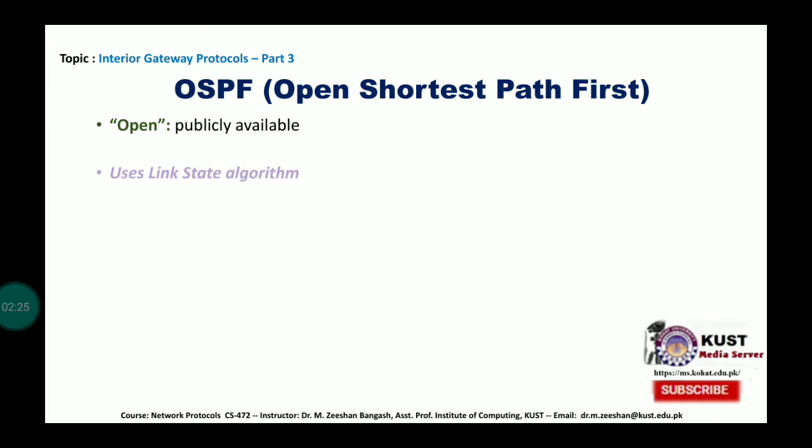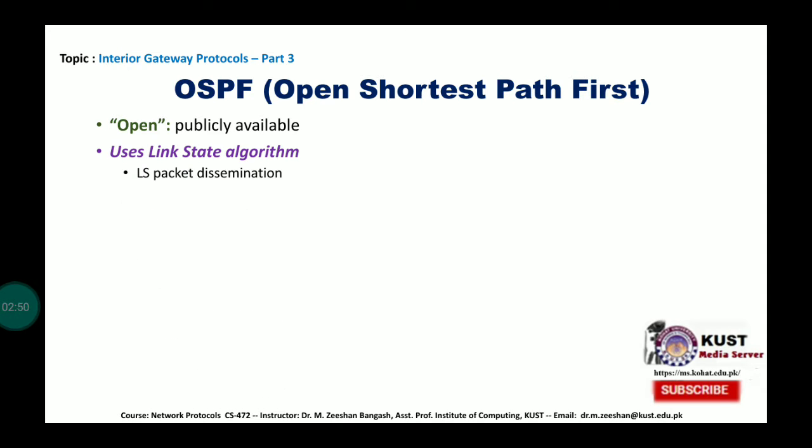It's openly and publicly available, and it uses a link state algorithm. In case of RIP, the distance vector routing algorithm was used. However, for OSPF, another category of algorithm, the link state algorithm technique, is used in its design.